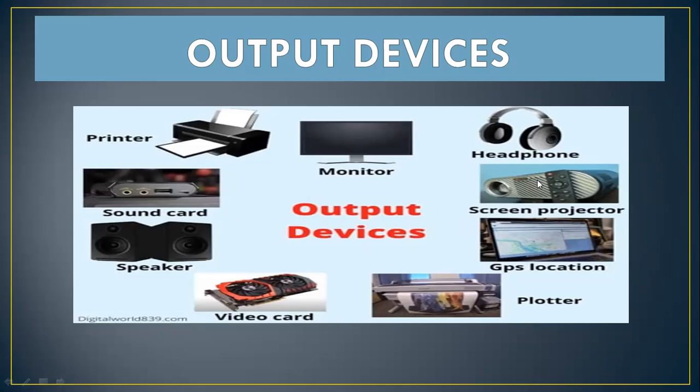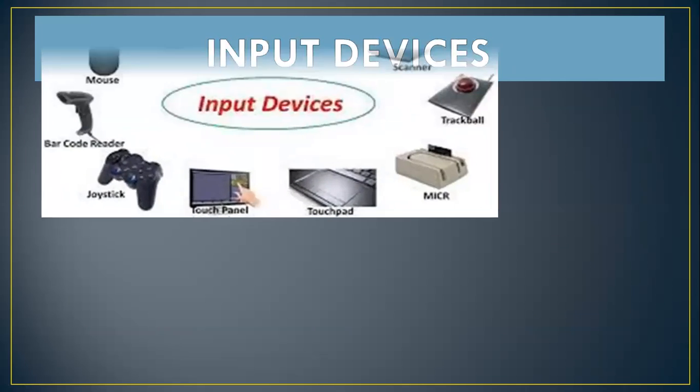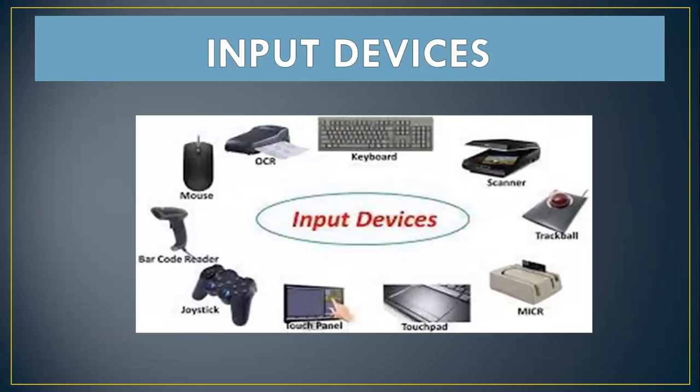Same as a printer: when we write a document in the computer and we click on print, the printer prints the document for us. Okay, input devices. Input devices help us send our information to the computer. For example, a scanner. When we want to send a paper to the computer, we use a scanner.